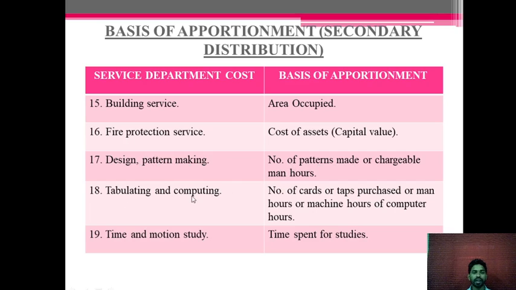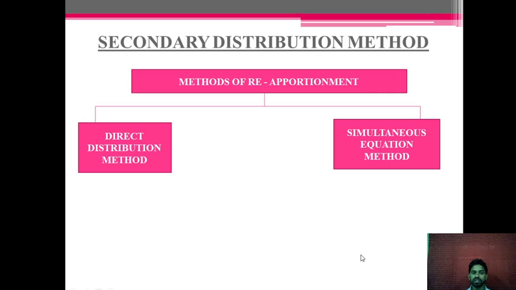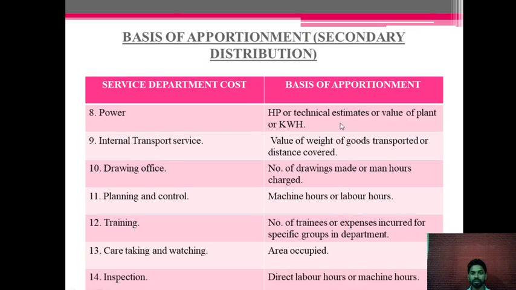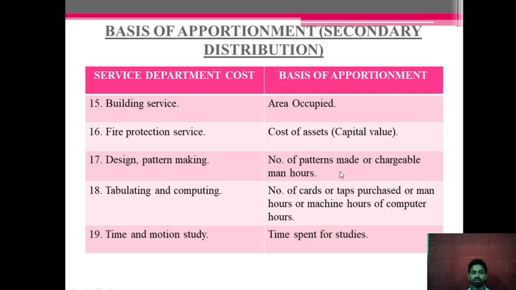Tabulating and computing on the number of cards or tabs purchased, man hours, machine hours, or computer hours. Time and motion study on the basis of time spent on studies. It is very important that you know which costs are apportioned on which basis.